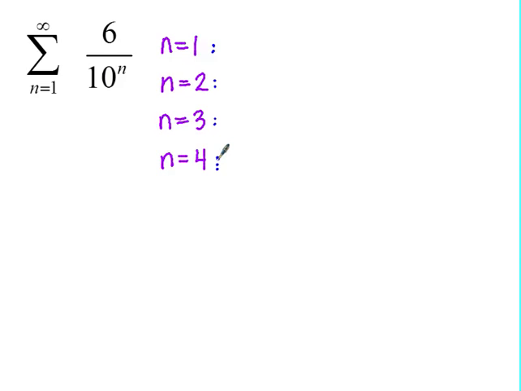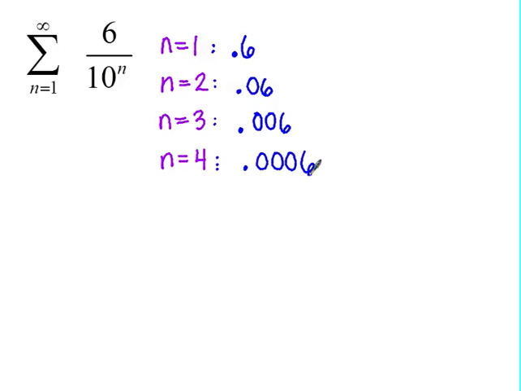If n equals 1, what is 6 divided by 10? 0.6. Now you all have your calculator. What is 6 divided by 100? Because that'll be the next one. 0.06. The next one will be 0.006, and the next 0.0006. Do you see the pattern?